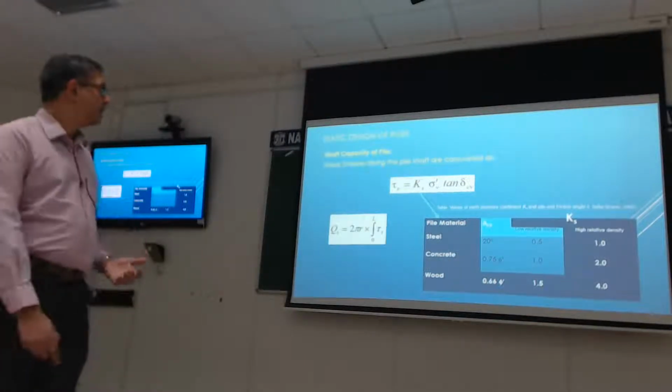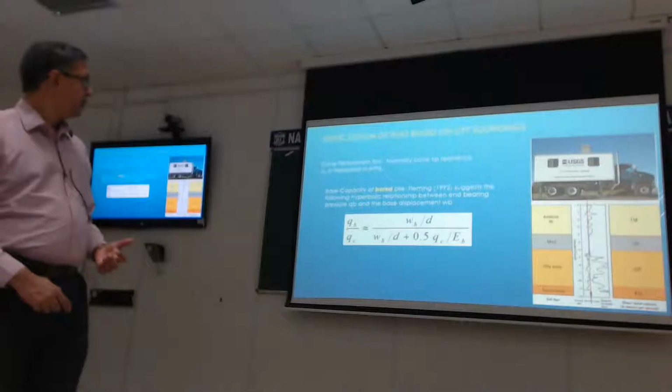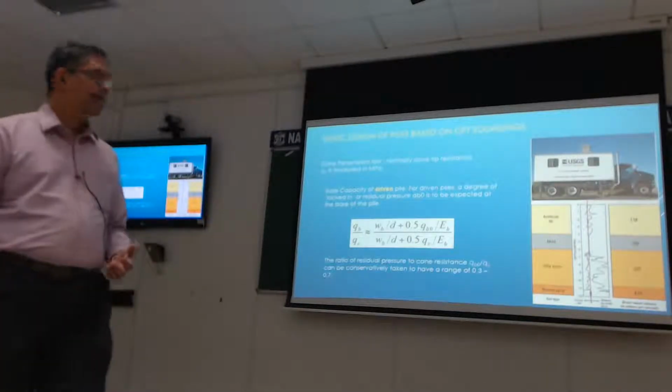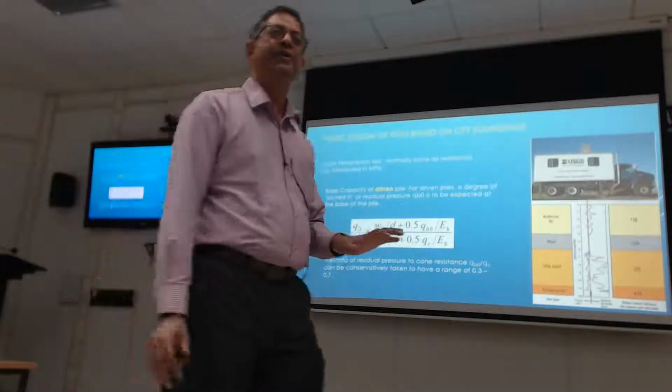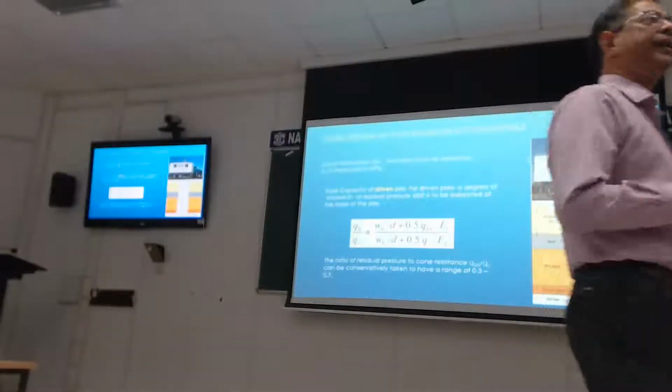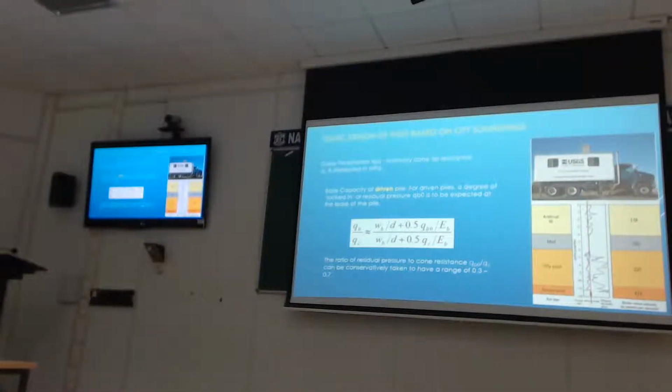Yeah. So what we are saying is that the increase in horizontal stress which gets locked into the soil will give you the extra capacity for the pile. And that's quite significant. Also, you will get this residual pressure at the base.